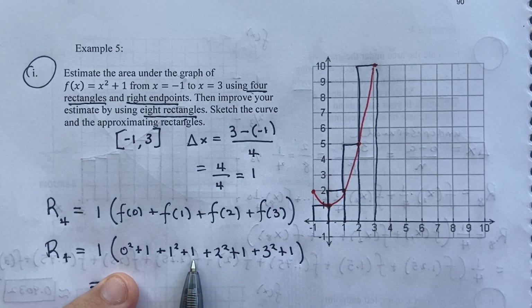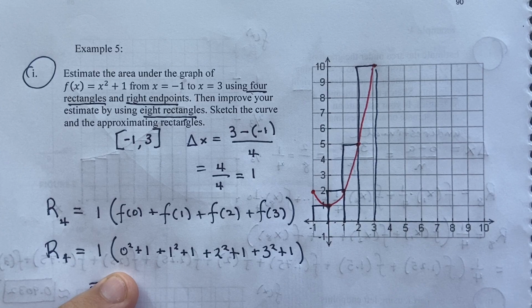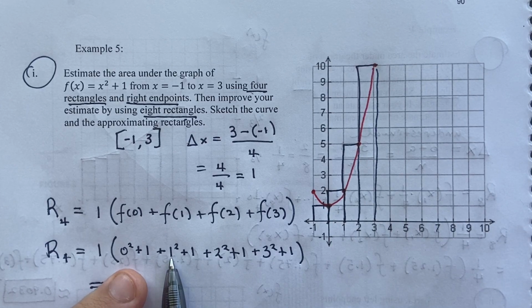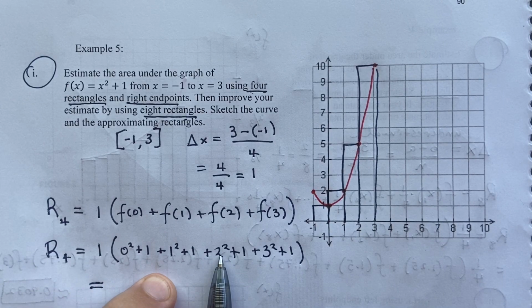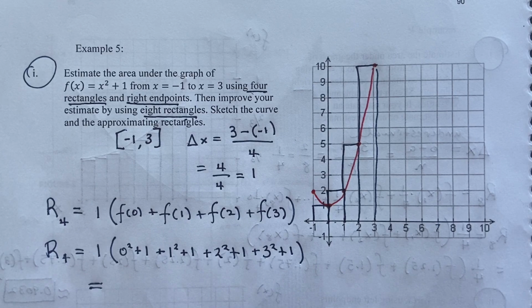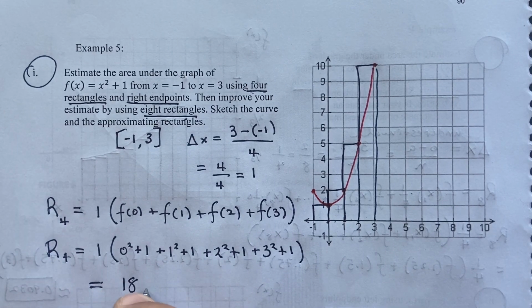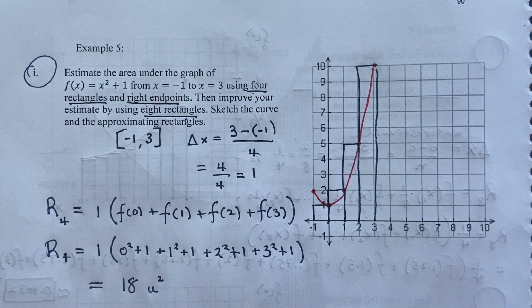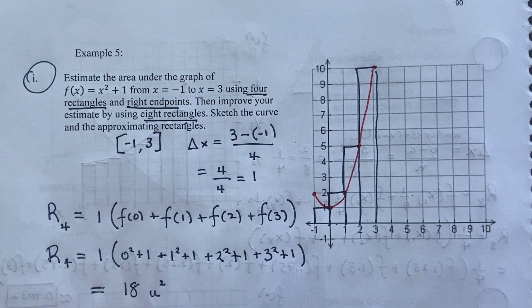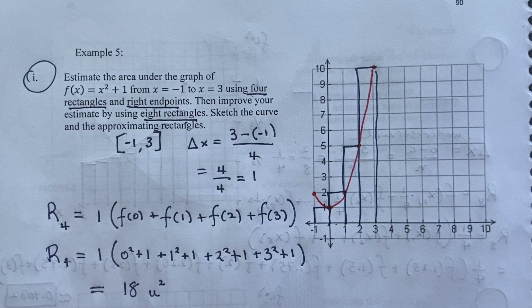We have 1 plus 1 plus 1 plus 1, so we have 4, plus 1, 5, plus 4, 9, plus 9, it looks like 18. I don't know what units those are, so I'll just say square units. Just making sure I added correctly. Yeah, I'm happy with that number.